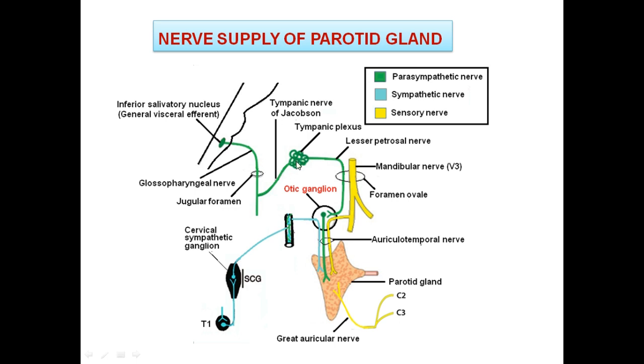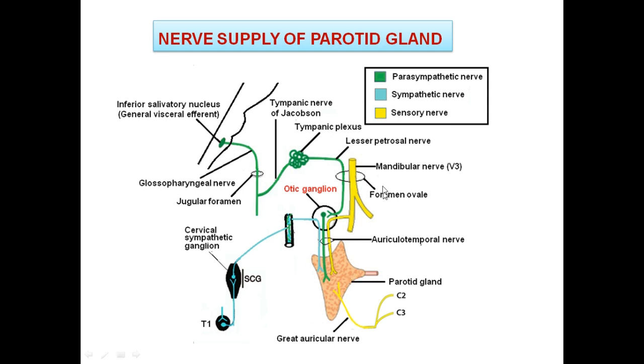Through the tympanic plexus, it gives the lesser petrosal nerve, which enters the foramen ovale, then synapses with the otic ganglion. The postganglionic fibers, secretomotor in nature, pass with the auriculotemporal nerve to the gland.